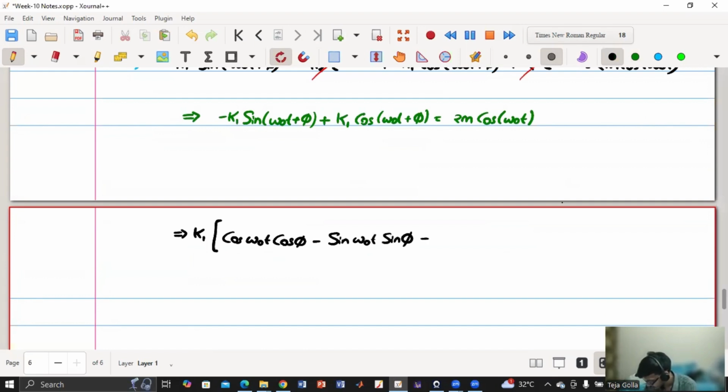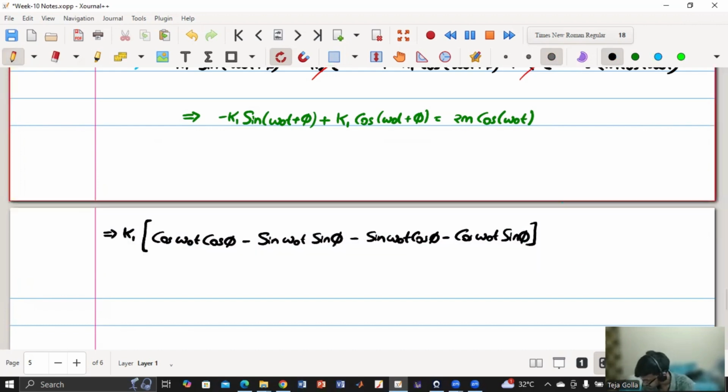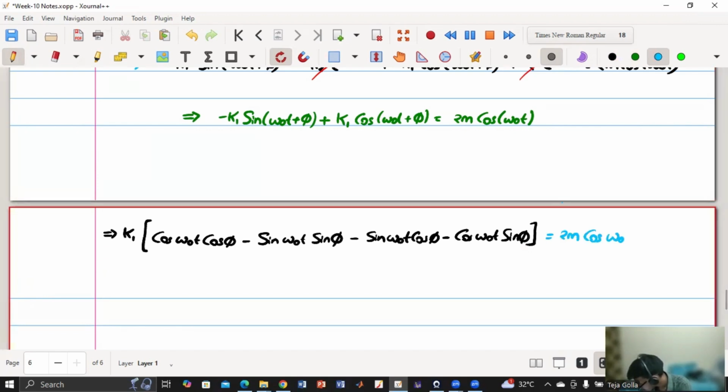Then minus sin omega naught t cos phi minus cos omega naught t sin phi. Sorry, this will be sin phi. Cos omega naught t sin phi is equals to 2 milli cos omega naught t.